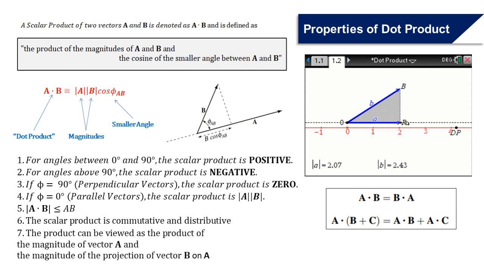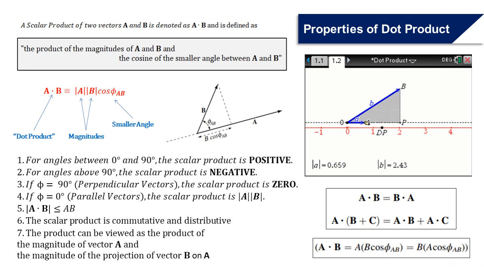And lastly, the dot product can be viewed as the product of the magnitude of vector A and the magnitude of the projection of vector B on A. So, ano itsura niyan?